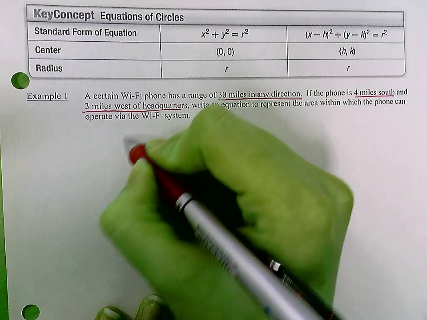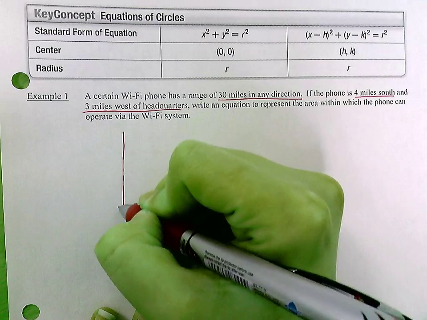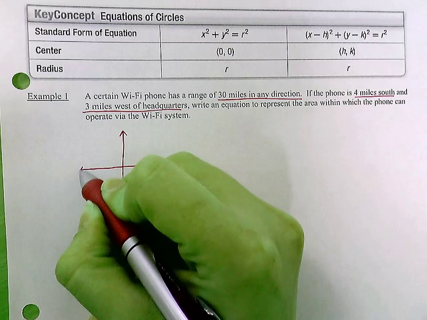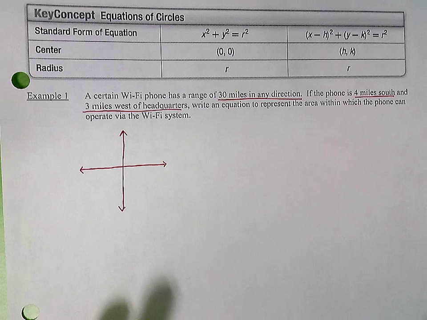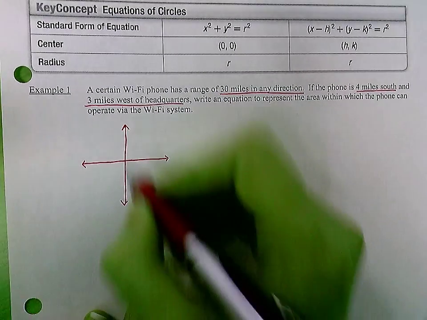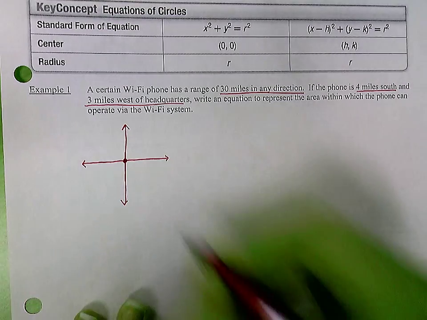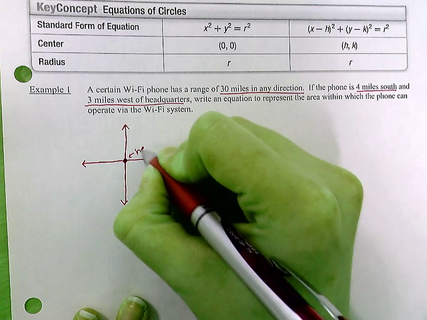Here, if I draw out my coordinate grid, and I say headquarters is at the origin, this point right here is headquarters.